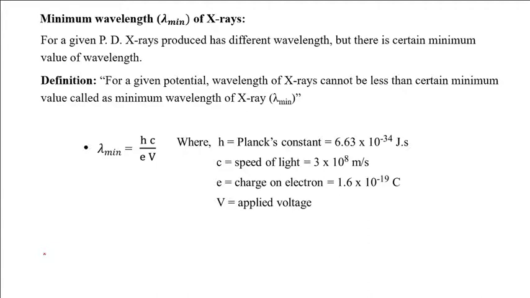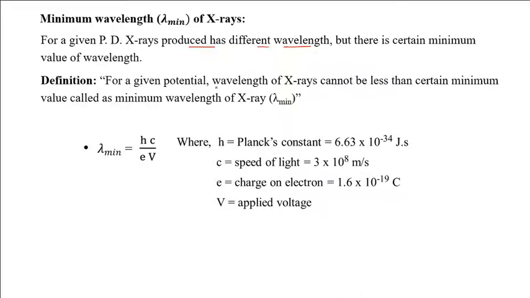The next point is the minimum wavelength of X-rays. We know that for a given potential difference, the X-rays produced have different wavelengths, but there is a certain minimum value of wavelength.